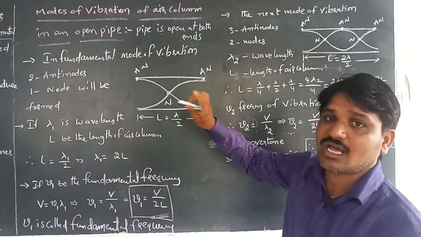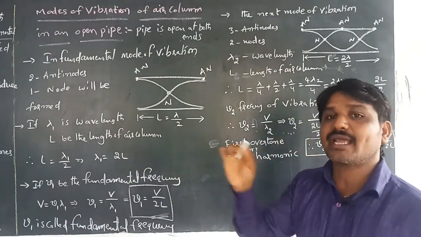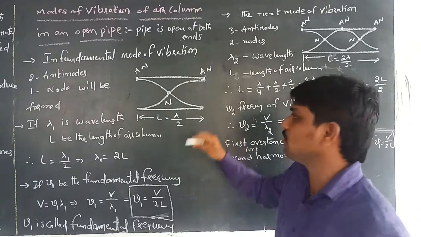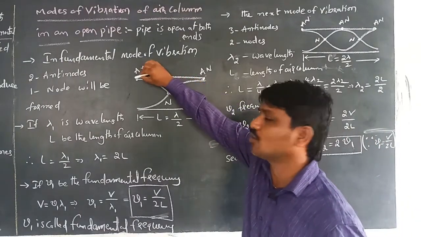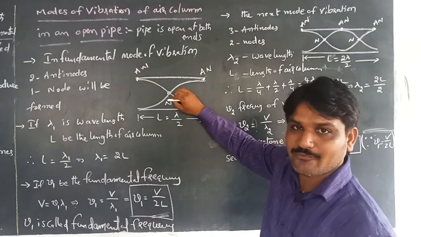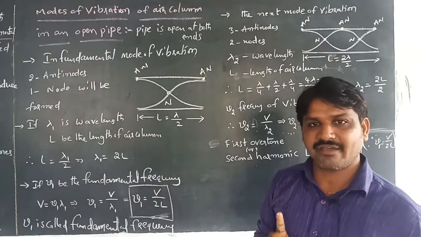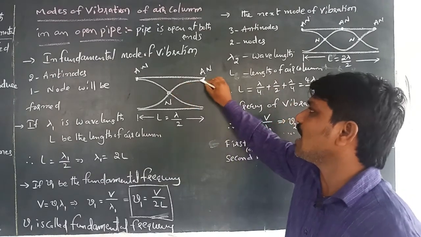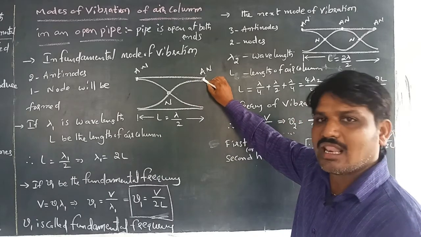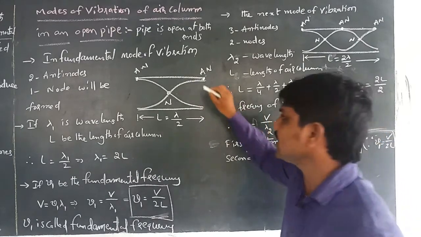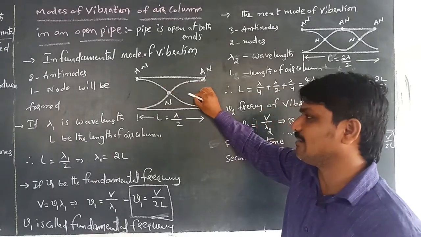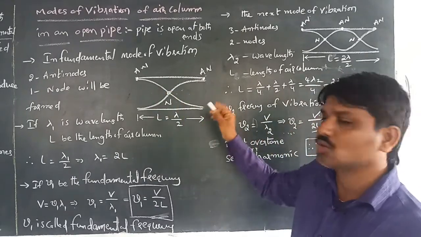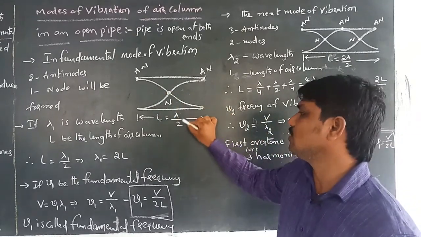The distance between the node and the other adjoining antinode is also lambda by 4. So lambda by 4 plus lambda by 4 is 2 lambda by 4. That means L is equal to lambda by 2.